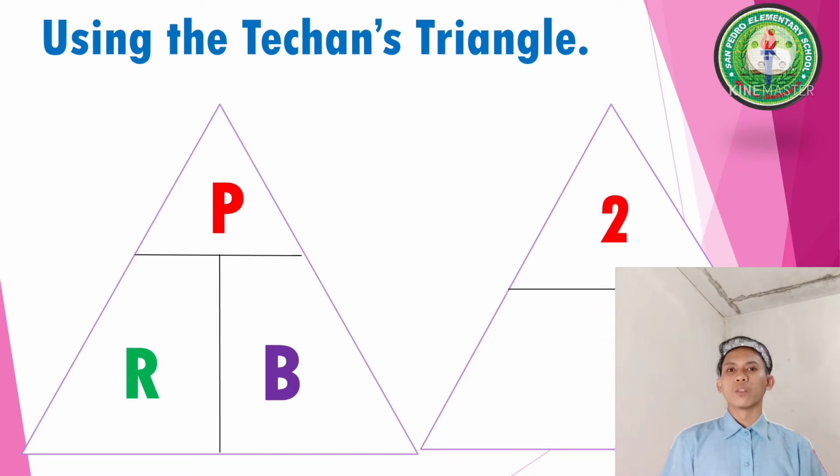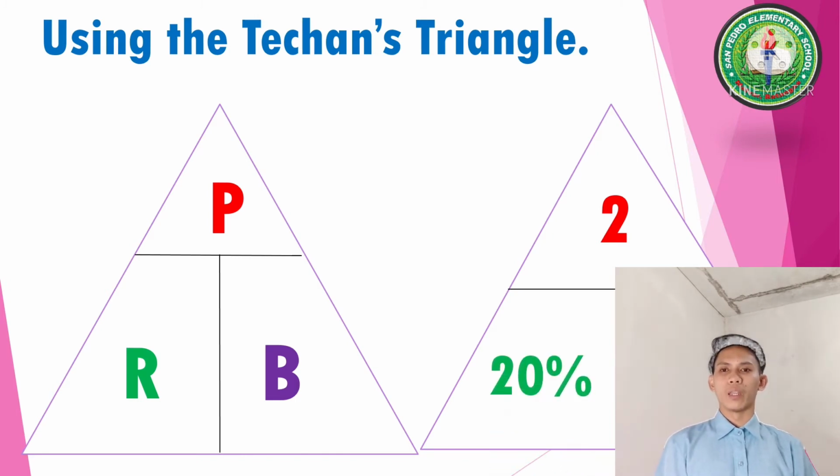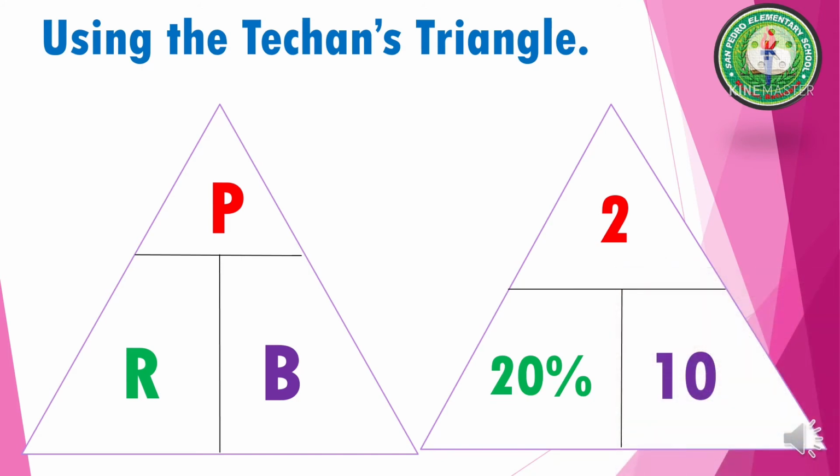Example, if the given percentage is 2 and the given rate is 20%, what do you think will be the value of our base using our Tehans triangle? Very good. So the value of our base is 10.